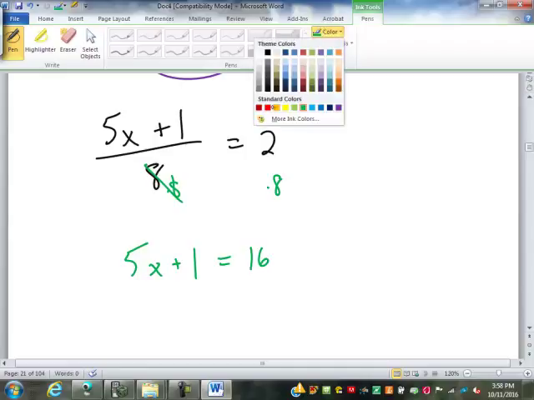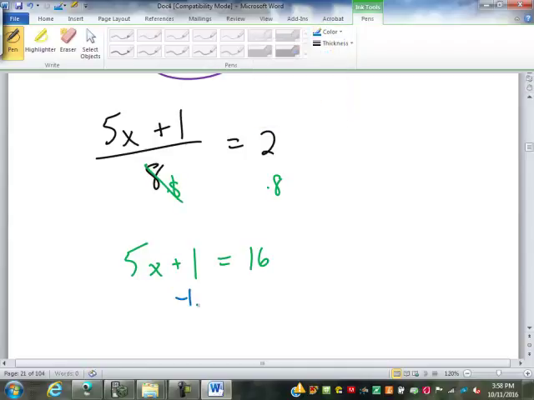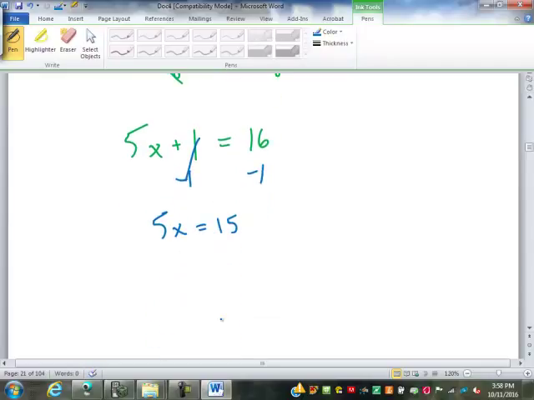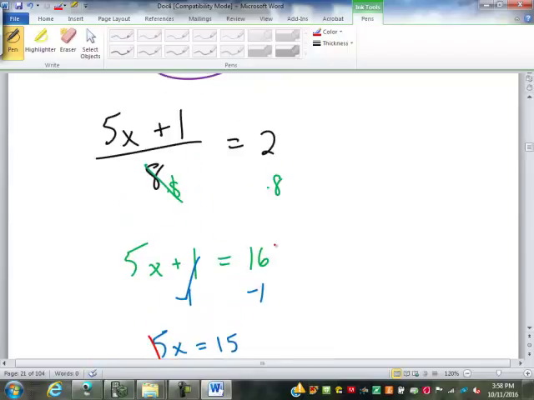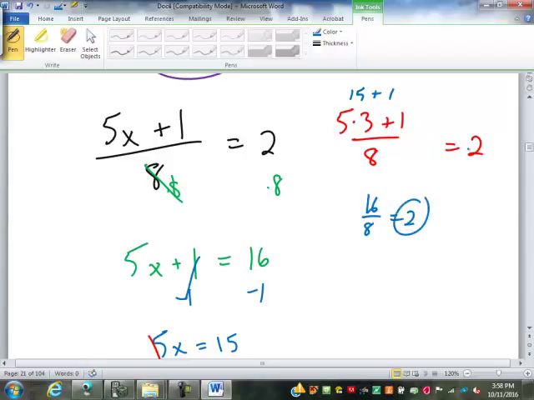And then subtract 1. 5x equals 15, and then divide by 5. x equals 3. And just like all of our other equations we've solved, you could go back and put that in here. Does 5 times 3 plus 1 over 8 equal 2? And it will. 5 times 3 is 15, plus 1 is 16, divided by 8 does give us 2. So you can always substitute it back in to double check your answer.